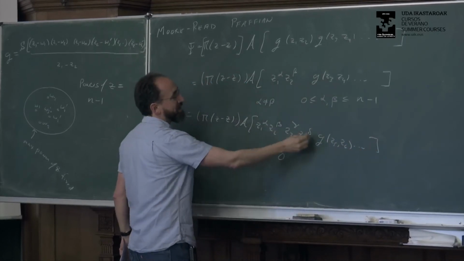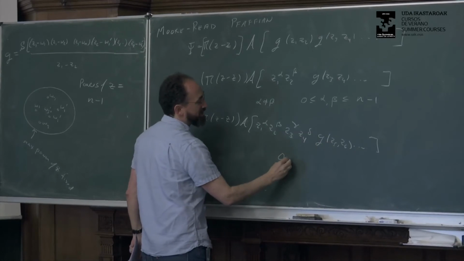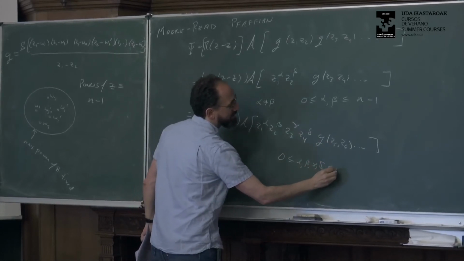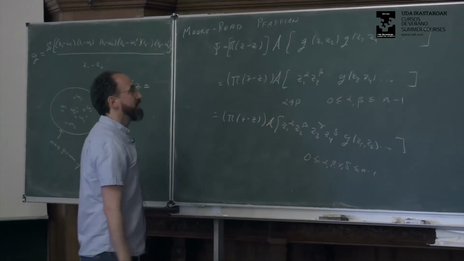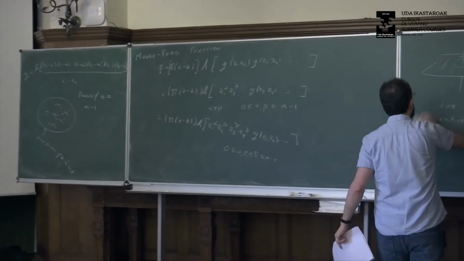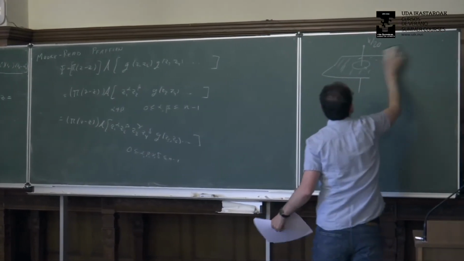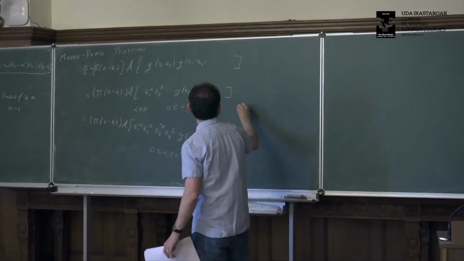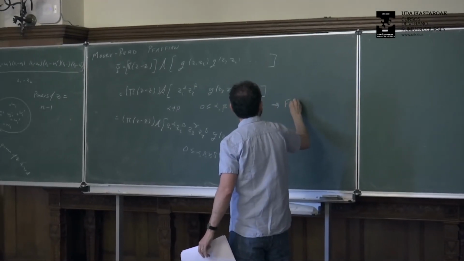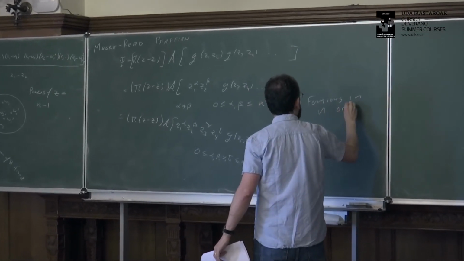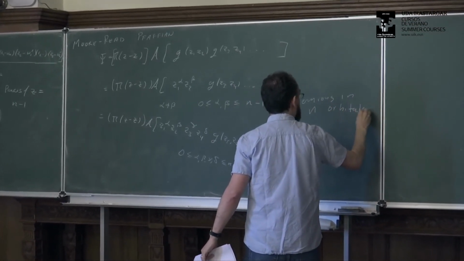Well, none of these exponents can equal each other, and 0 is less than or equal to alpha, beta, gamma, delta, less than or equal to n minus 1. Okay? So what is it we're counting here? What we're counting is that each of these indices can take one of n possible values. So we're putting fermions in n orbitals. Okay?